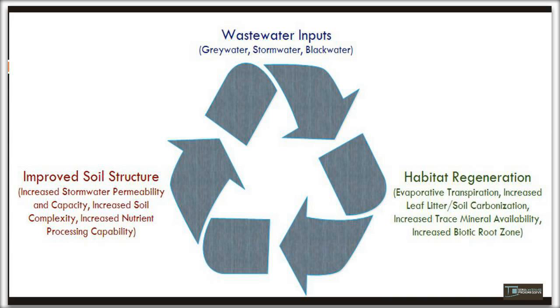Those soils will improve in structure, thereby allowing for more wastewater inputs and processing. That's a really important key to perhaps dealing with some of our contaminants of emerging concern and other toxic problems that we have in our wastewater systems.